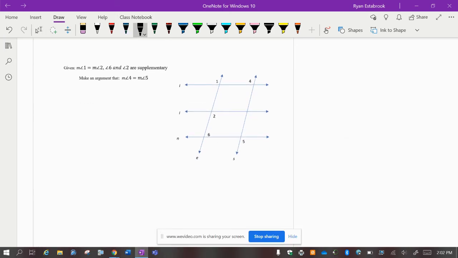And last one, we have an argument to make here. Given that measure of angle 1 is equal to the measure of angle 2, given that angles 6 and 2 are supplementary, we want to prove that measure of angle 4 is equal to the measure of angle 5.